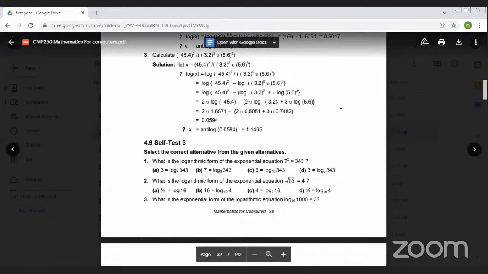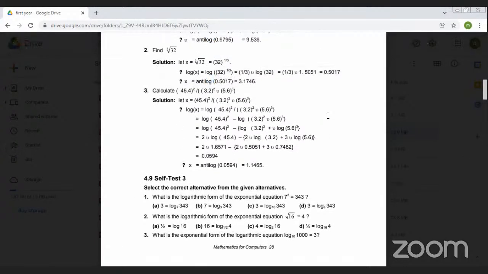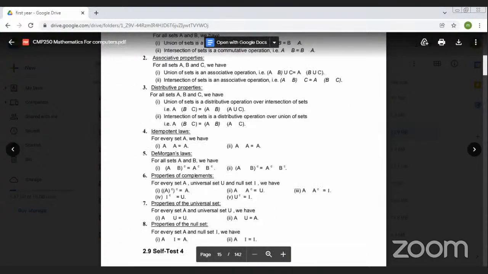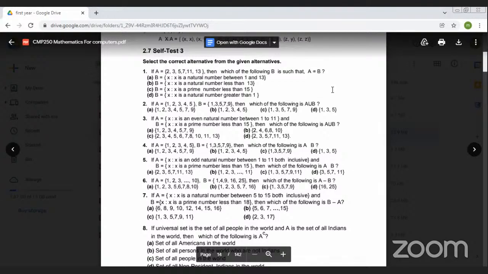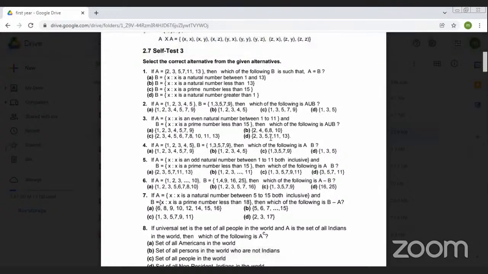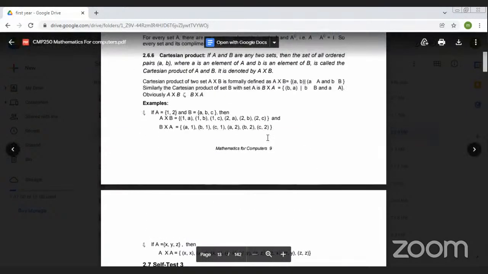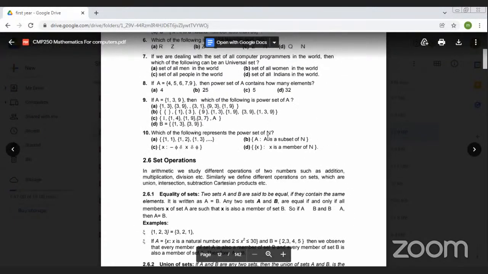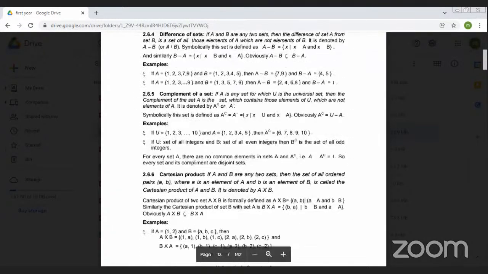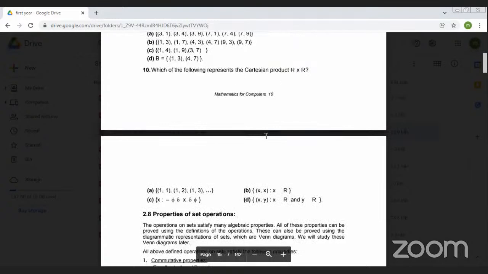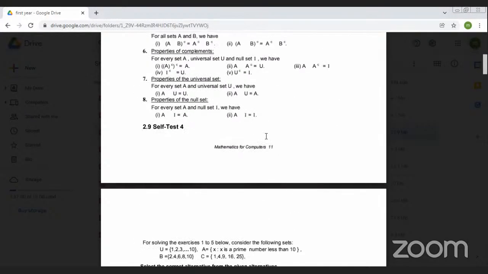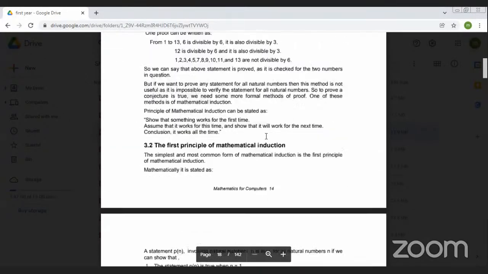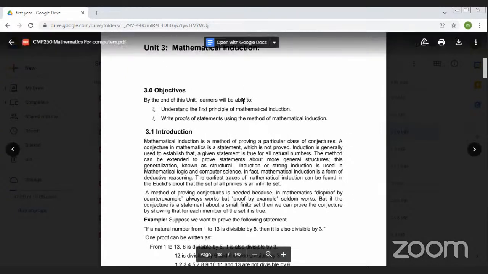Ma'am, I have a problem regarding the set because there is no symbol given. What happened? In the exercise, questions number 3, 6 and 10, I didn't understand. Are you talking about mathematical induction?